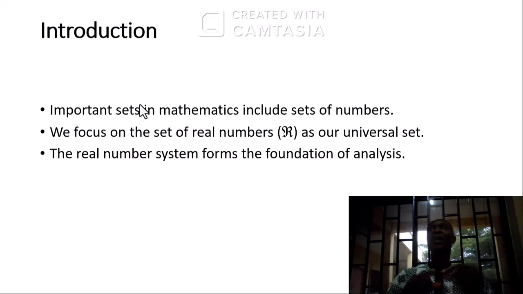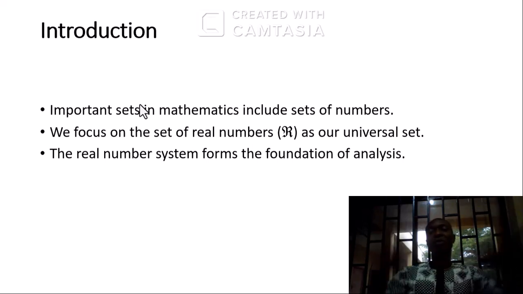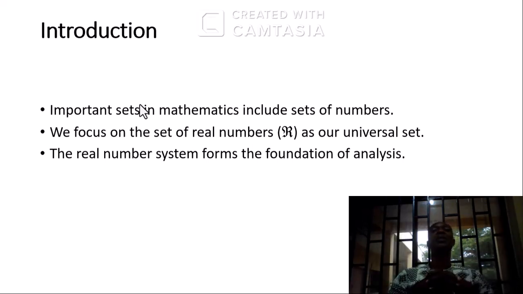But the real numbers comprise all the numbers you have known before. They are subsets of real numbers, be it rational, irrational, continuous. Any form of number you are aware of is a subset of real numbers.